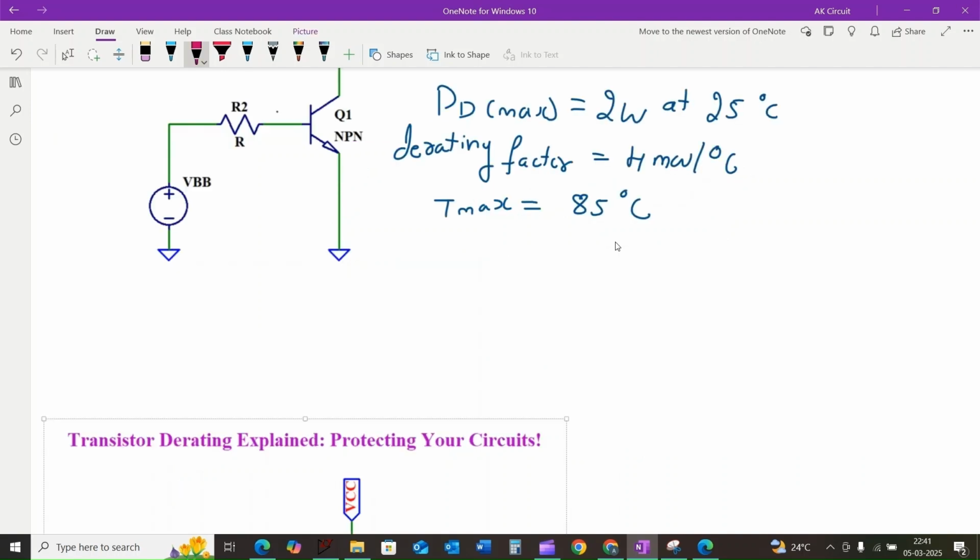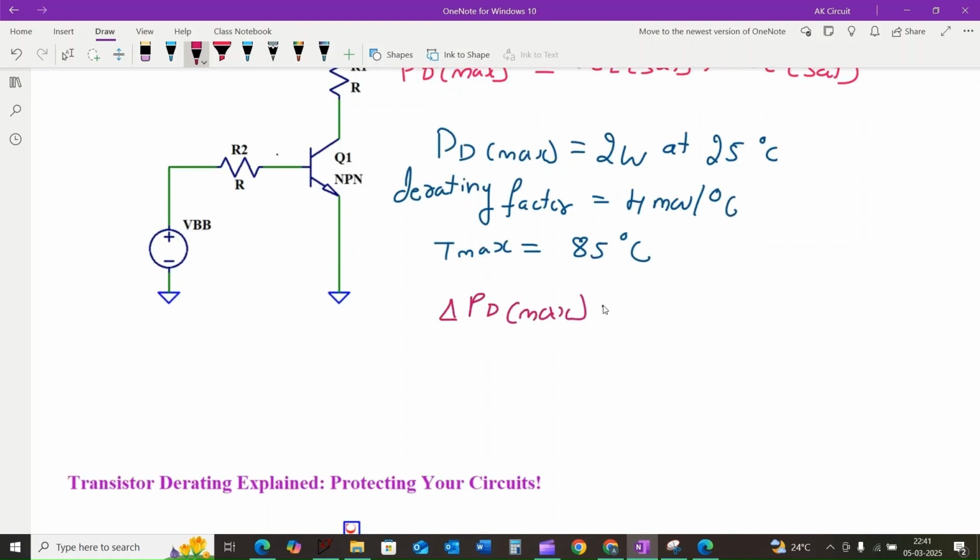First we need to find the change in the power dissipation. That is delta PD max equal to derating factor times change in the temperature.